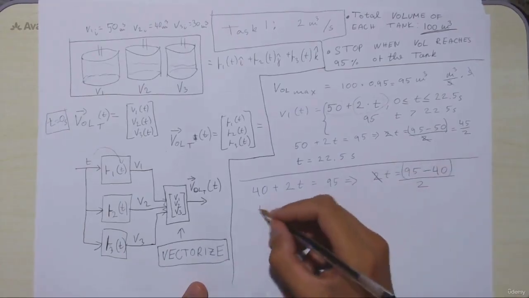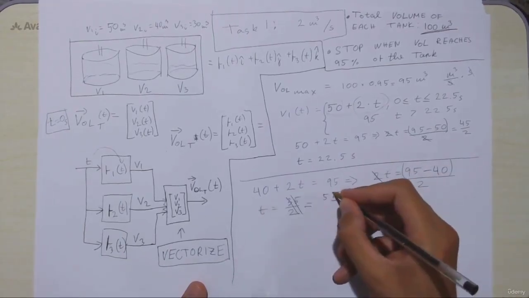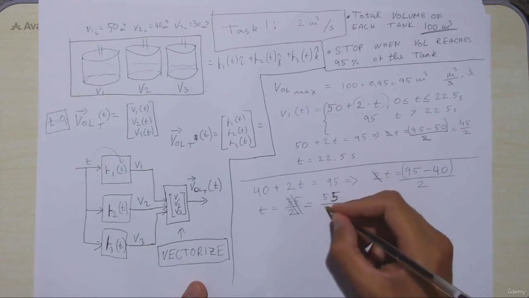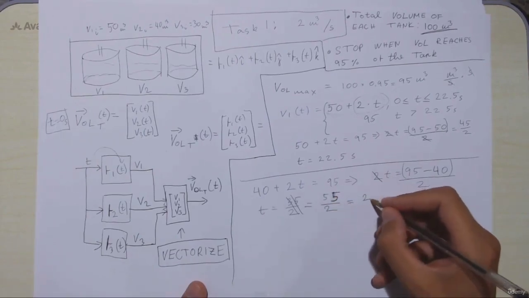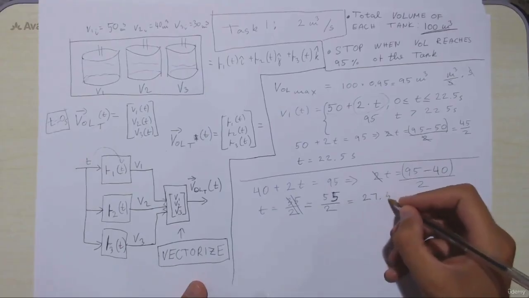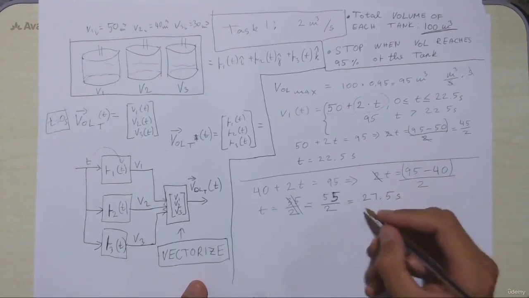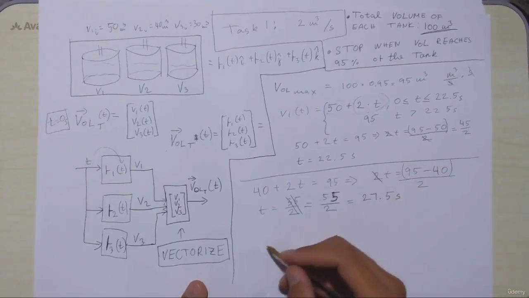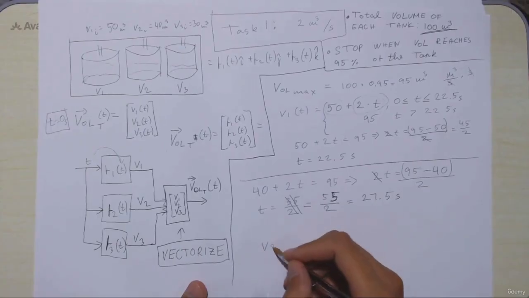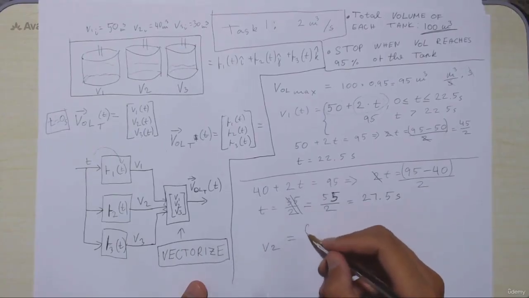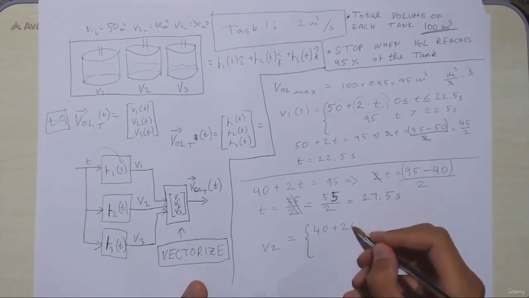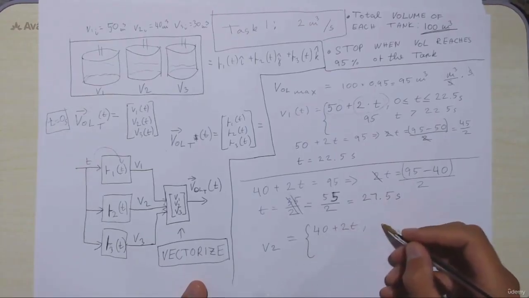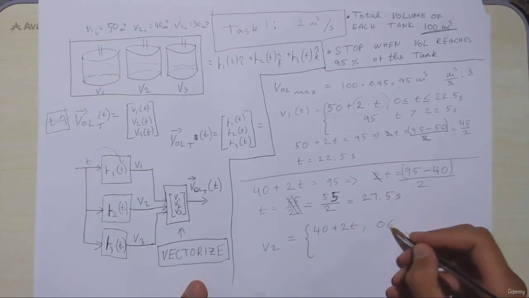So time equals 55 divided by 2, and that would be 27.5 seconds.